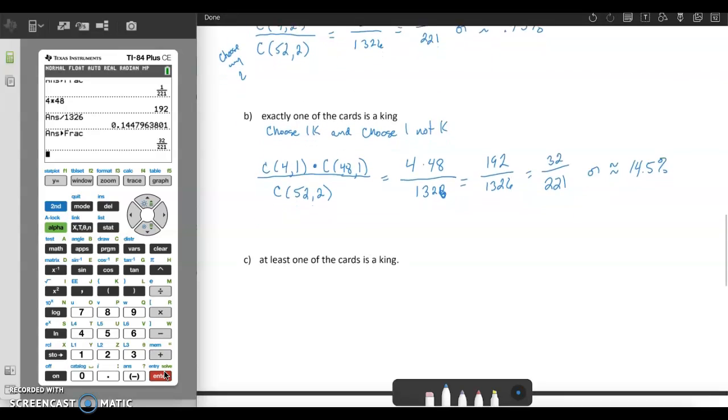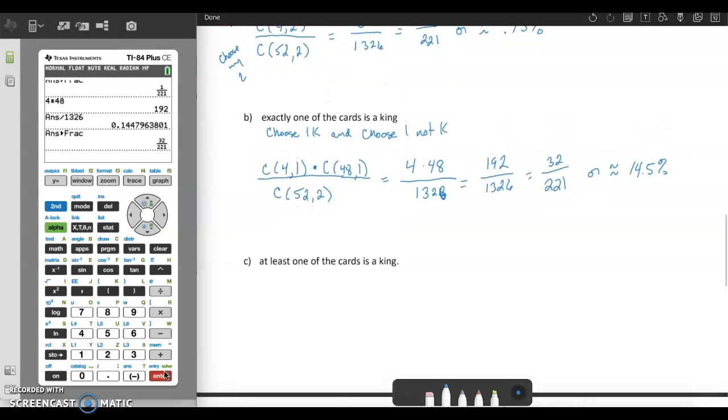What's the probability that at least one of the cards is a king? So this is an interesting concept, at least one. So if you're choosing 2 cards and you want to know at least one of them being a king, that means one or both of them being a king. So one or both is, in this case, how you would get at least one.